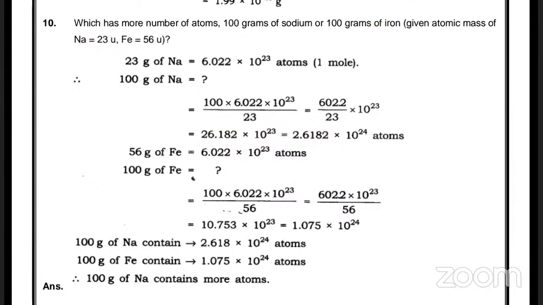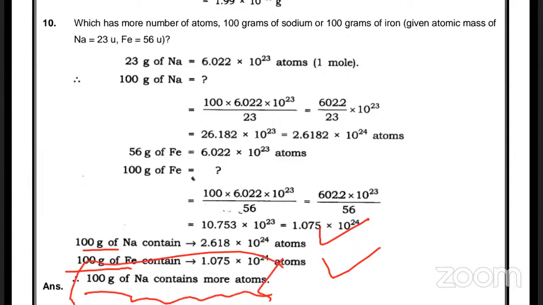Similarly for 100 grams of iron, assuming 56 grams, you do the same. So it is fine to keep it in 10 to the power 23 form. If we compare both the values, 100 gram of sodium contains 2.618 and 100 gram of Fe contains 1. So you will see 100 grams of sodium contains more number of atoms.